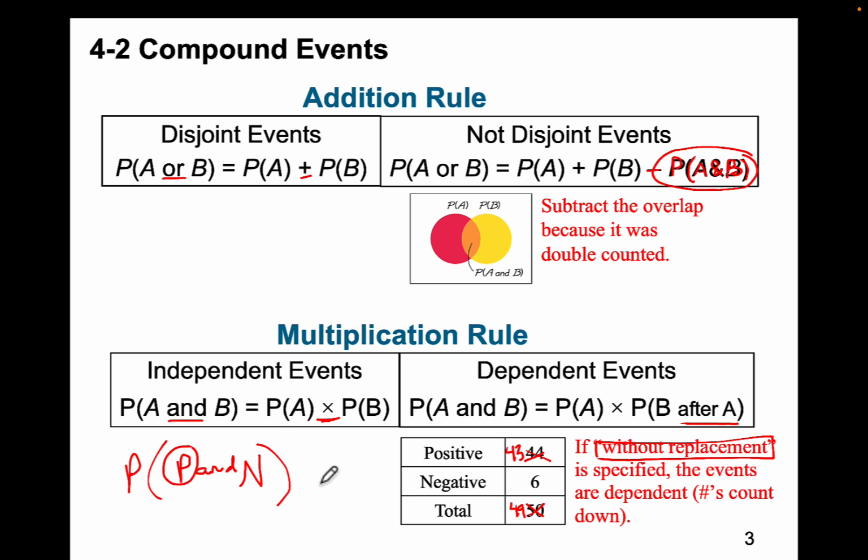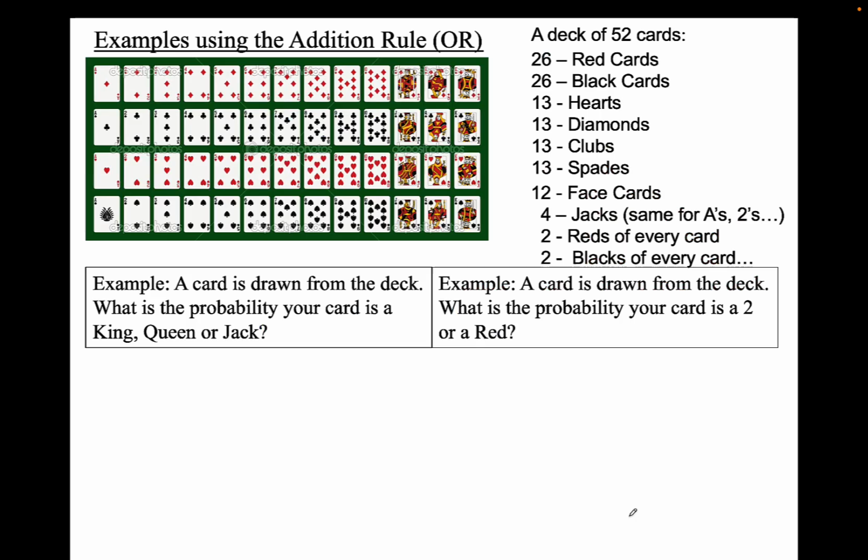So now when we go to poll event B, which in this case, we would want it to be a negative, there are 6 out of 49 available for us to poll. That's what I mean by the numbers count down. We're going to crunch these numbers with a more concrete example in just a moment.